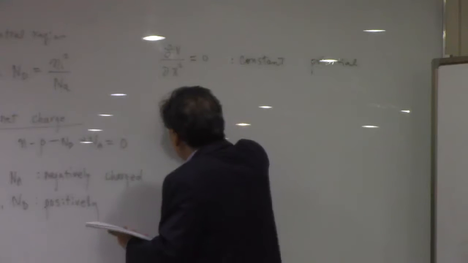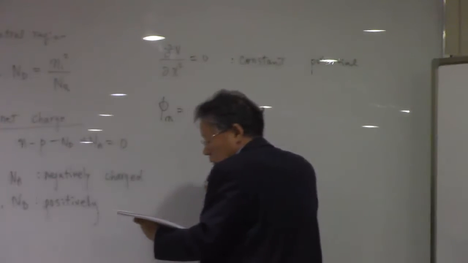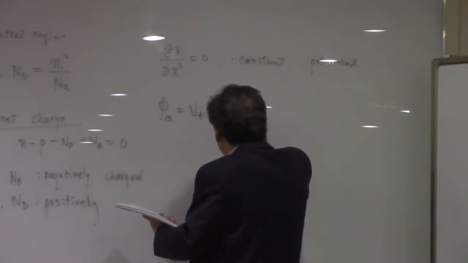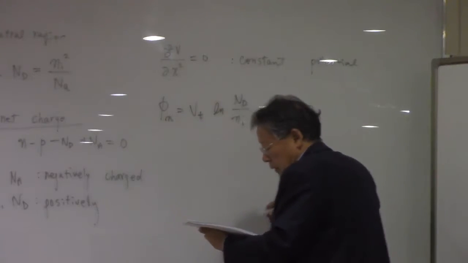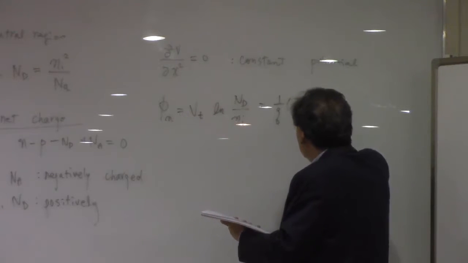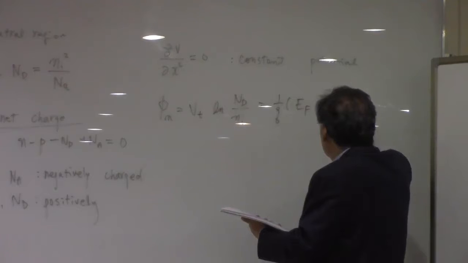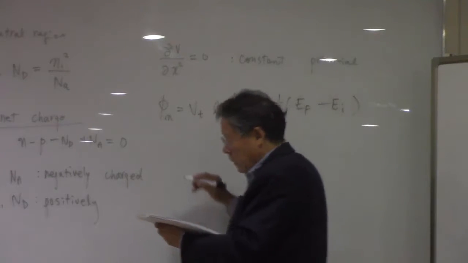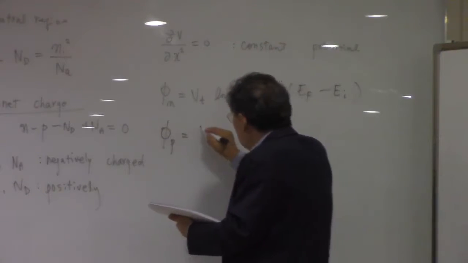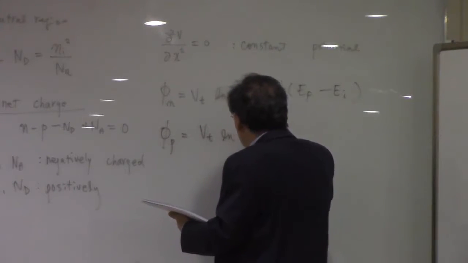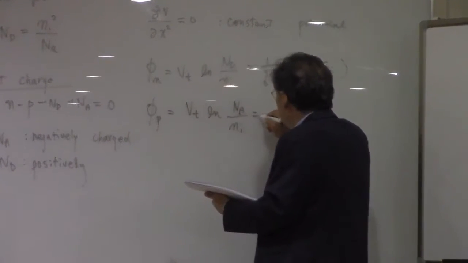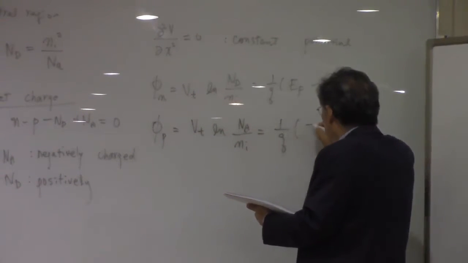And phi n is going to be expressed, we have discussed this before, and that is the location of the Fermi energy levels, and the p-type potential is going to be expressed in this way.